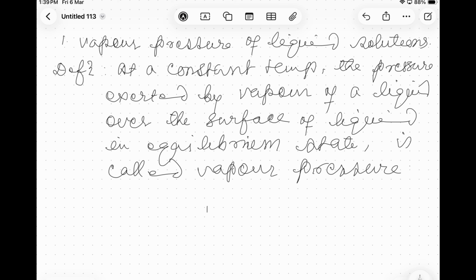Suppose water is taken in a vessel and it is covered with some lid.